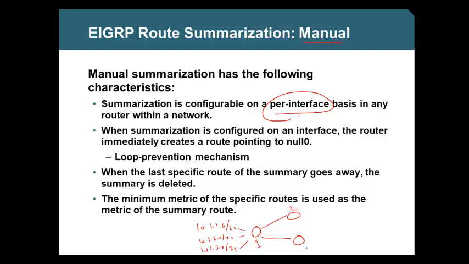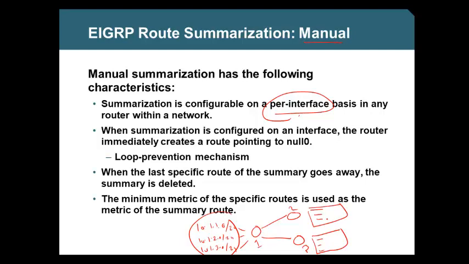By default, in the previous slide, we learned that in the newer versions there is no summarization. As a result, you will see this complete 3 lines of route in the routing table of both 2 and 3.